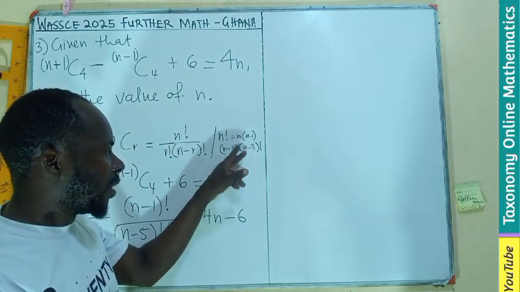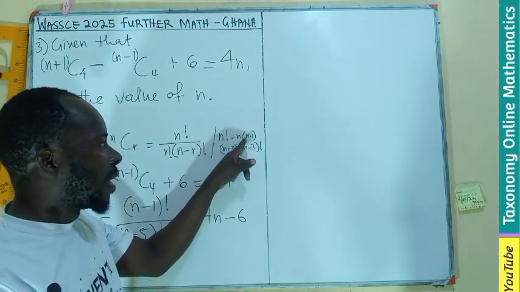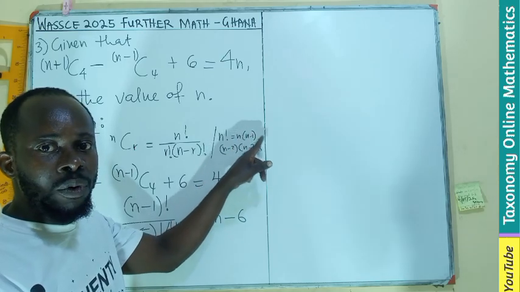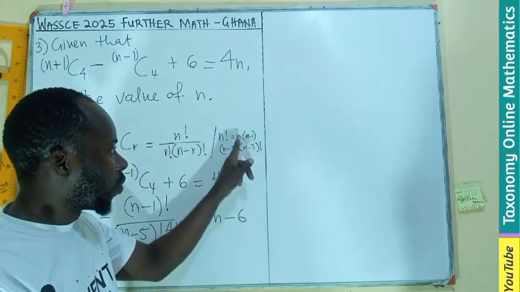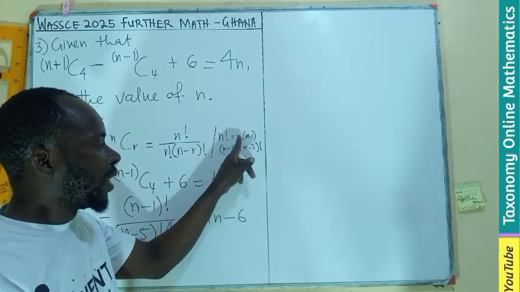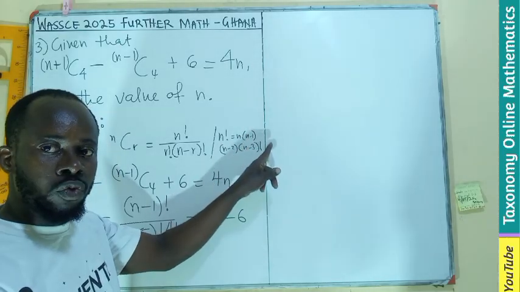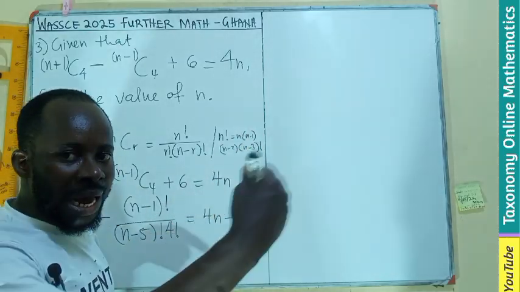We are only subtracting 1 from the integer, moving until we get to the end. If it is 4 factorial, it is 4, 3, 2, 1, subtracting 1 as we move.